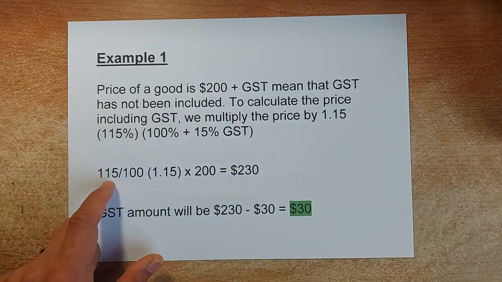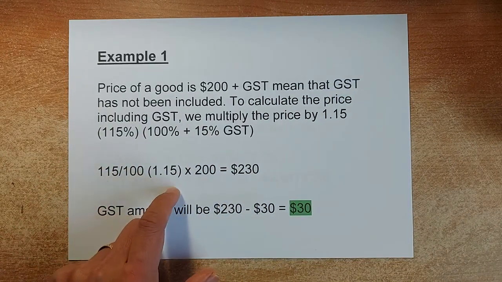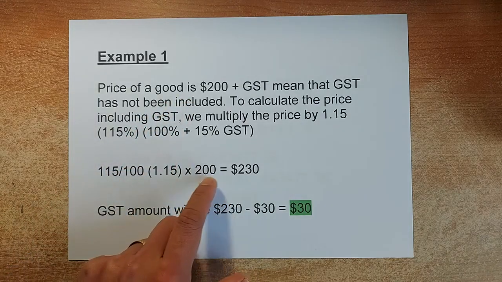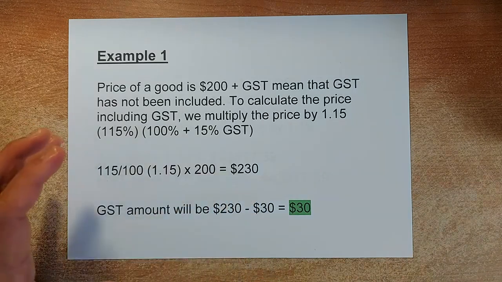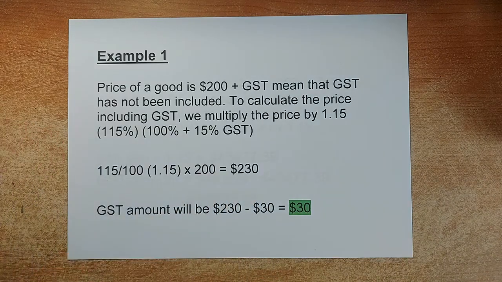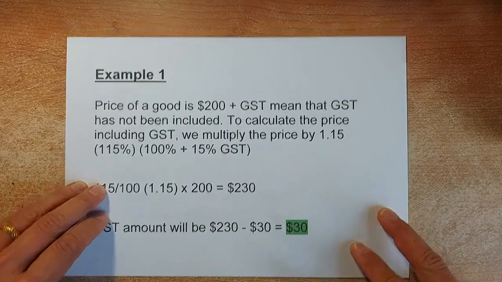So you multiply 1.15 by the original price, and that will give you 230. So a good that costs $200, if you add the GST, the total price is going to be 230. So the $30 extra is the tax that the government will collect from the customer. Correct? Yes, good. So now we're going to look at the second example.